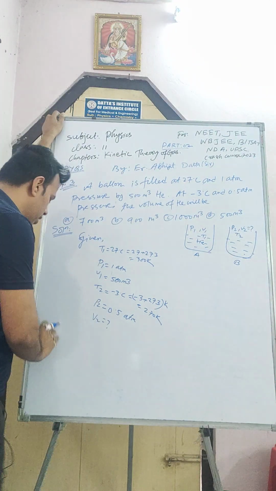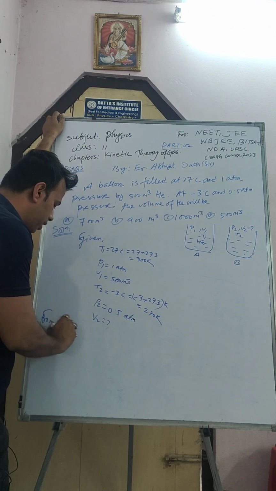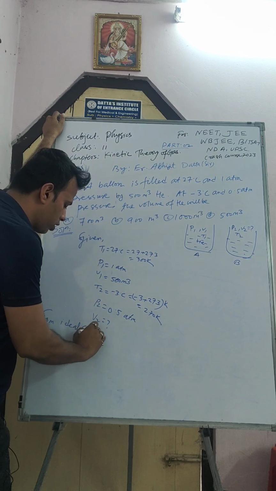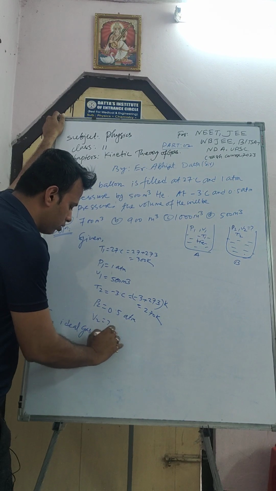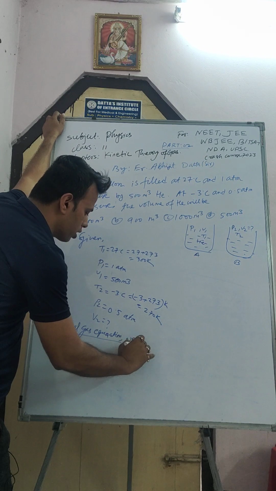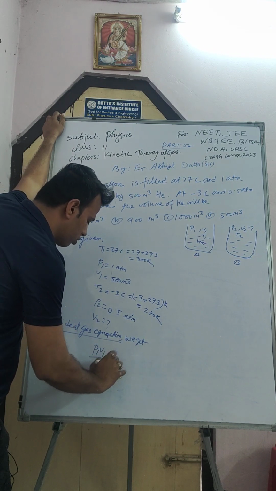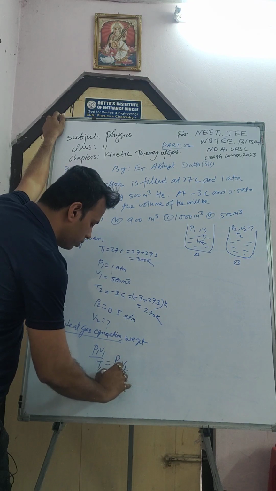So from the ideal gas equation, what we get is P1 B1 by T1 is equal to P2 B2 by T2.